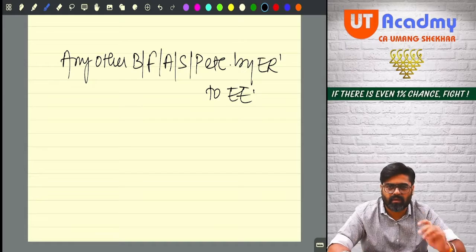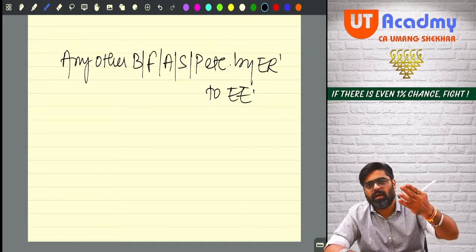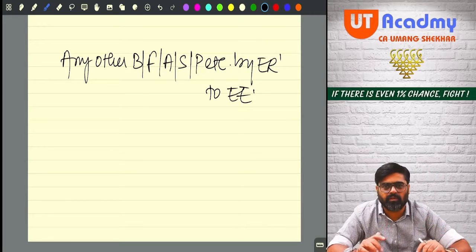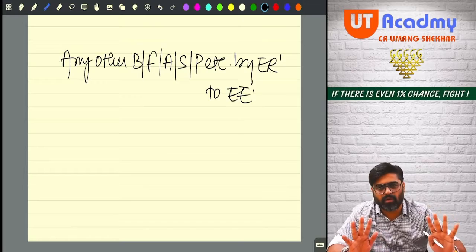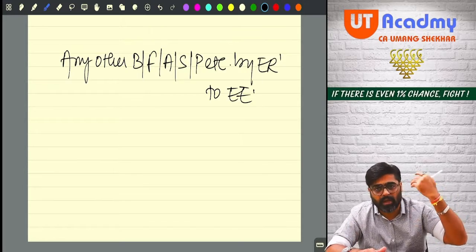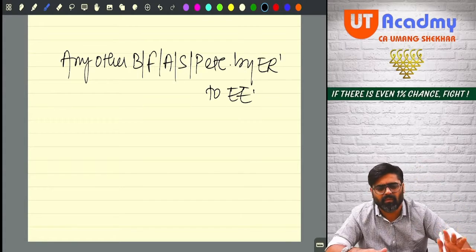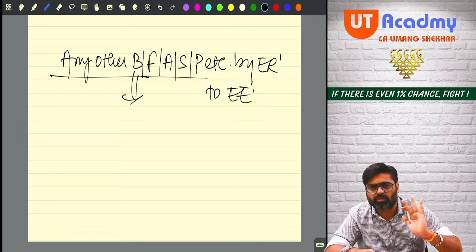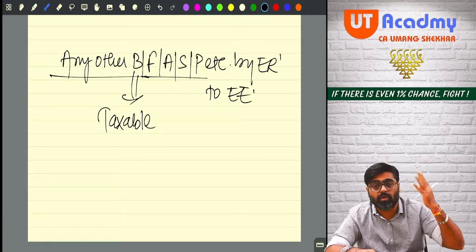Interest benefit, traveling, touring, accommodation, credit card, club facility, every single one identified and notified also. But now we don't want to identify also. Now whatever other benefits your employer might give you, it can be a benefit also, it can be a service also, it can be a privilege also, it can be an amenity also, it can be by any name. This will also be your taxable perquisite. Taxable. That is what clause number 8 says.